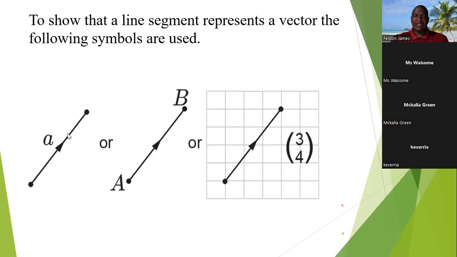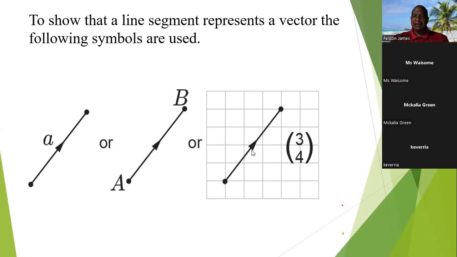You can have a line segment with a common letter with an arrow on it. That is a vector. You could have a line segment with capital letters at the end points and the arrow showing which letter you start from and which letter you end up at. So you start from A to B. That is another way of representing a vector.